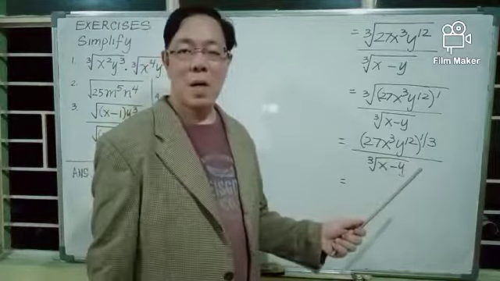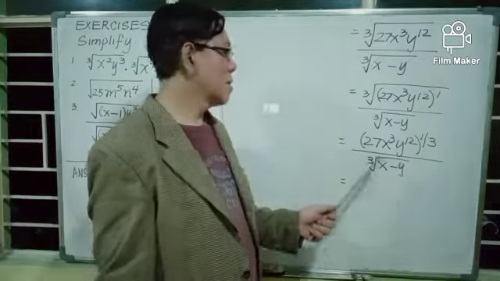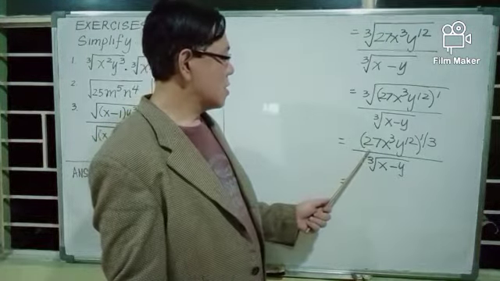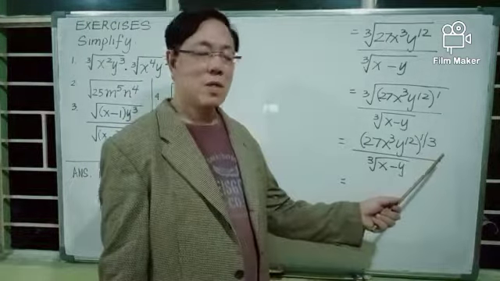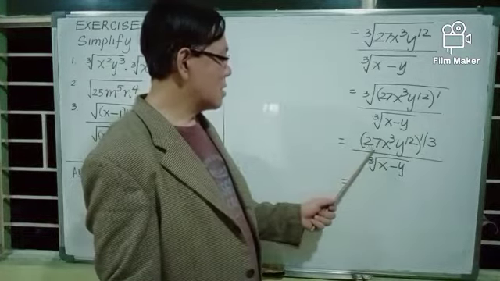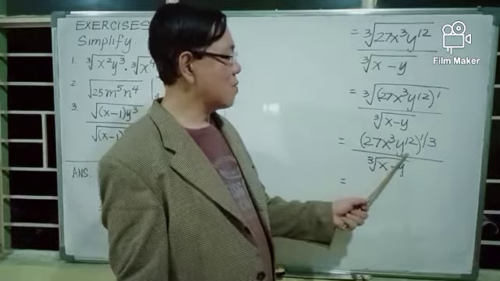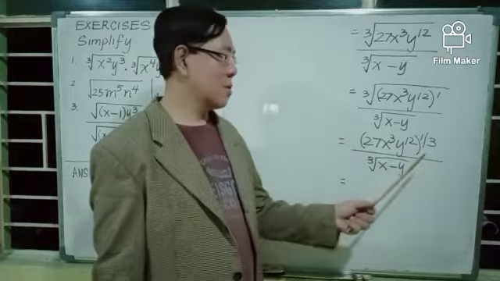We now apply the property of exponents. The 27x cubed y raised to 12 is raised to 1/3. We raise 27x cubed y raised to 12 to the exponent 1/3.